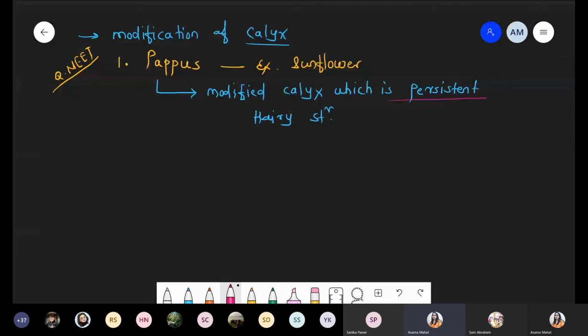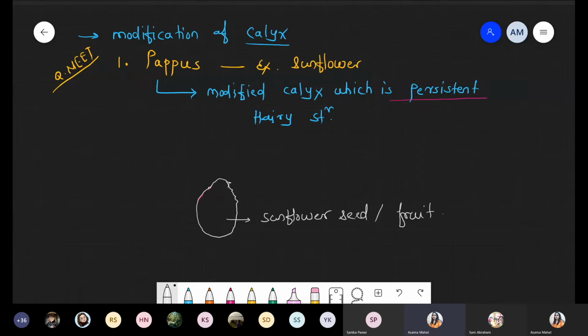But now here I'm just drawing what is the meaning of this pappus. For example, this is the single fruit or the single seed of sunflower. So sunflower का कुछ ऐसा ही होता है ना seed. So these are the sunflower seed, or that seed itself behaves as a fruit.